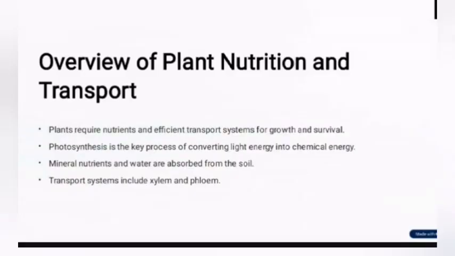Utilizing carbon dioxide is the same. And giving off oxygen. Okay, utilizing carbon dioxide and water and giving off oxygen as a byproduct.